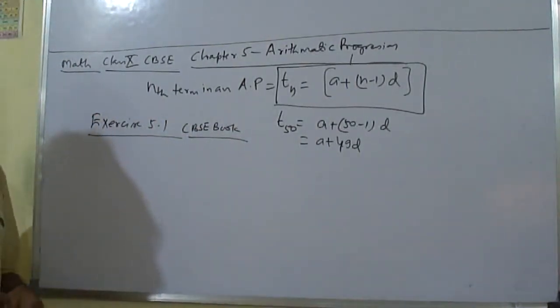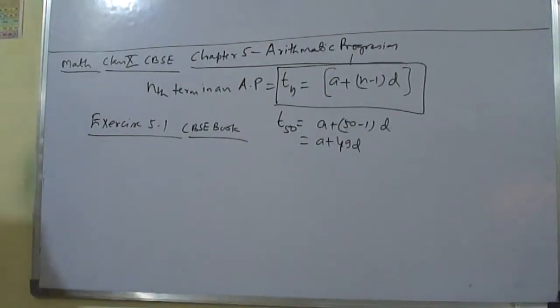In question number 1, it is given that in which of the following situations does the list of numbers involved make an arithmetic progression. The first is the taxi fare after each kilometer, when the fare is rupees 15 for the first kilometer and rupees 8 for each additional kilometer.